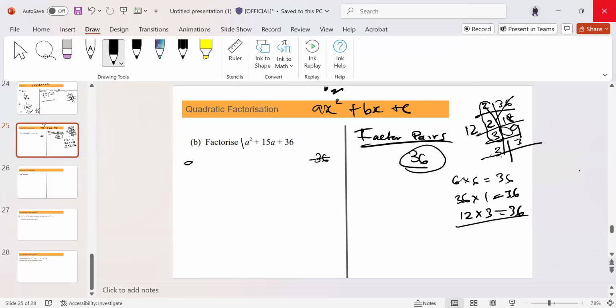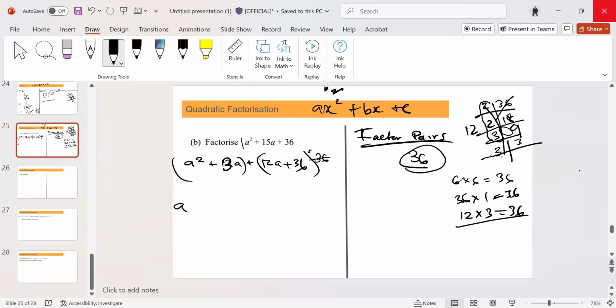So with that said, then you start factorizing. We can rewrite this, it doesn't matter in which order, so I can just write 3a first, and then 12a plus 36. Then from there you go on with grouping.